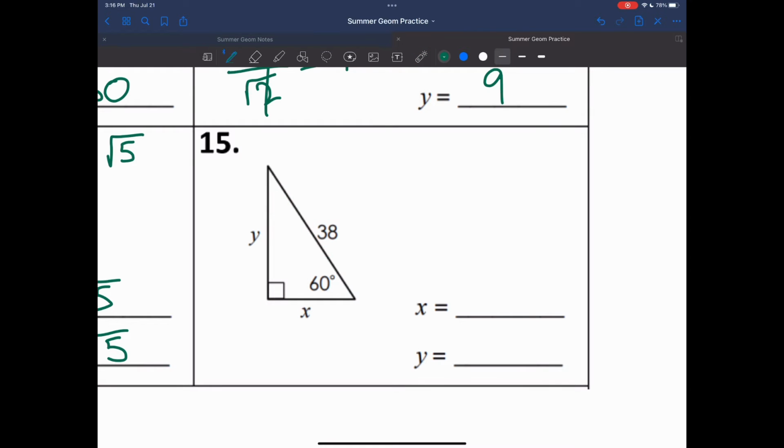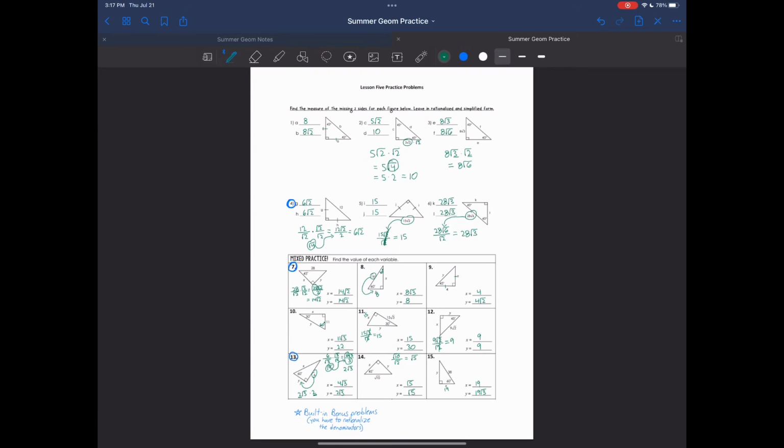So 38 divided by 2, let's see, what is that? Half of 38 would be 19, so my x is 19. And then from there, we now have our short leg. We just multiply by root 3 to get y. So just 19 square root 3. Okay, takes care of that.